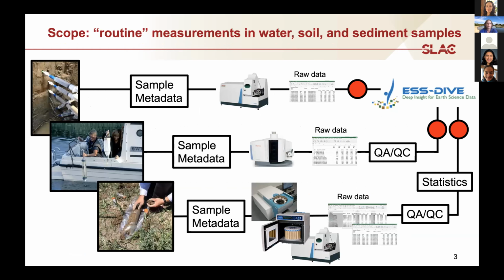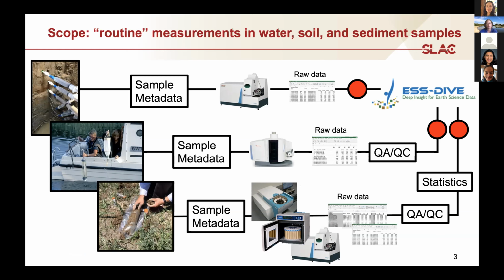So the scope of my standard is basically targeting the routine types of measurements that are commonly done in water, soil, and sediment samples. The flow for this is a little different from Amy's standard because these are data that come from samples that have been collected in the field.